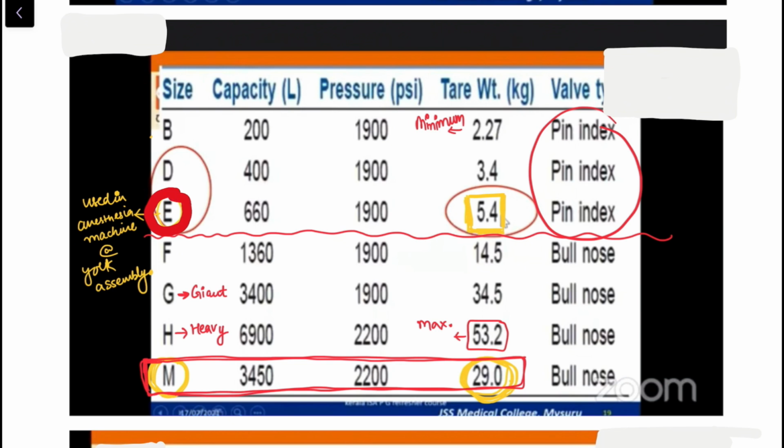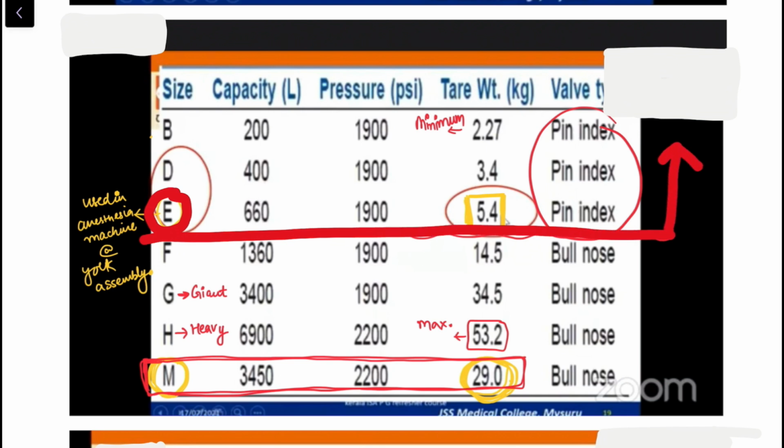One thing you should remember is that B, D, E, these three cylinders have a valve which is known as pin index. Similar to the pipeline systems where we have the diameter index safety system, in these cylinders, when they are connected to the anesthesia machine, there is a safety mechanism called the pin index safety system, so that a wrong cylinder does not get connected to the machine.